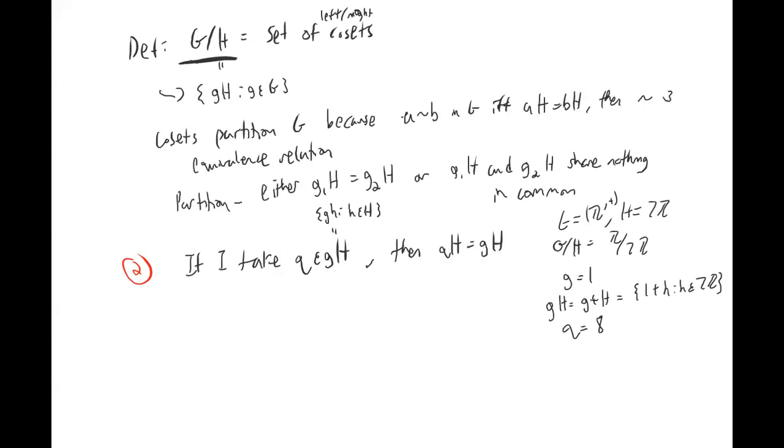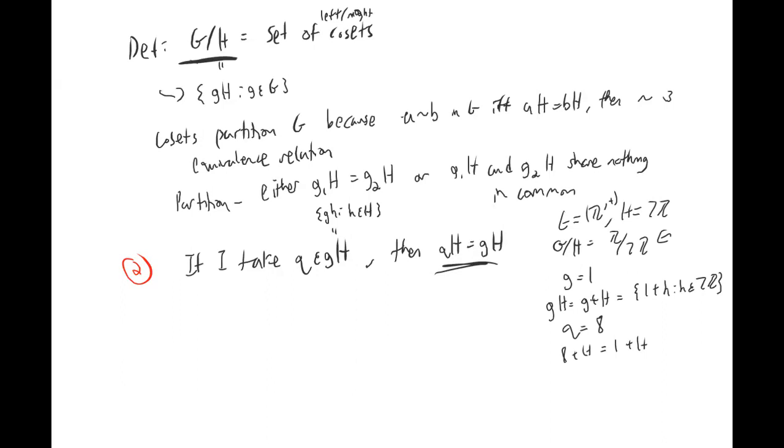This statement is basically saying 8 plus H is the same as 1 plus H. That makes sense if you know what this ring is: the class of 1 is just the class of 8, since they share the same remainder when dividing by 7. Does everyone see that this should be true?